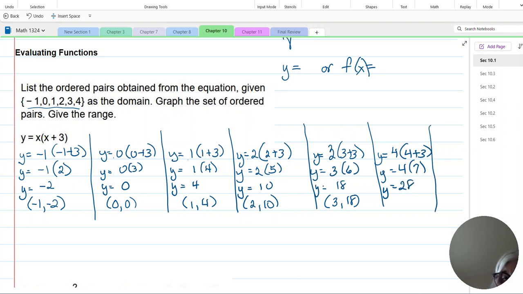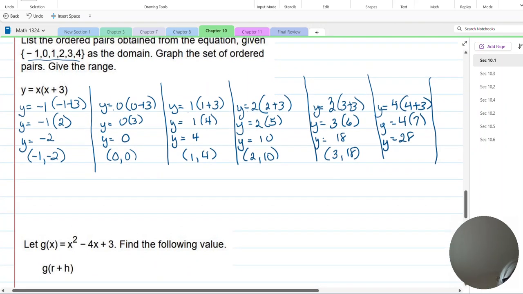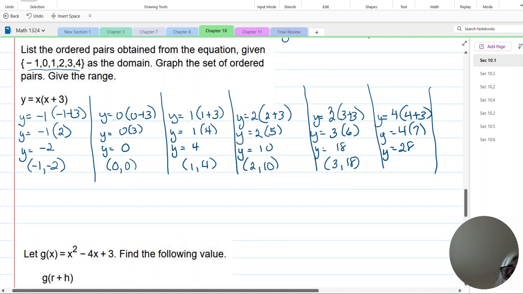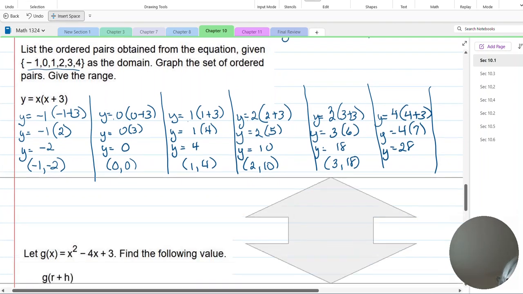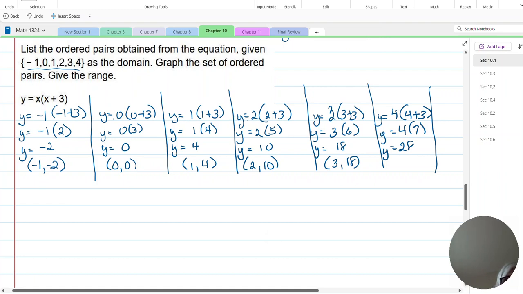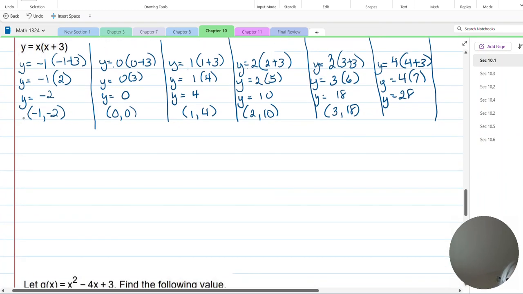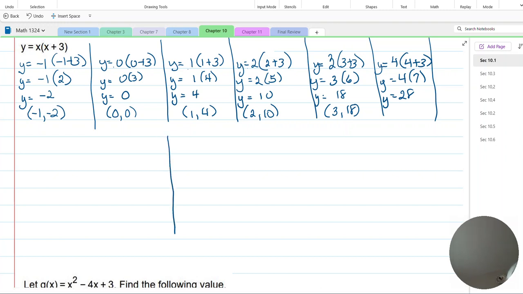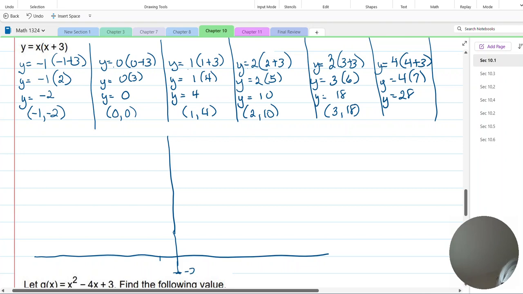All right. Now, on the computer, you will be given the graph. I did not insert one, so I'm going to draw a more or less one, because we're going to plot all of these points. Let's see if I can do that. So we want -1, and it is -2.